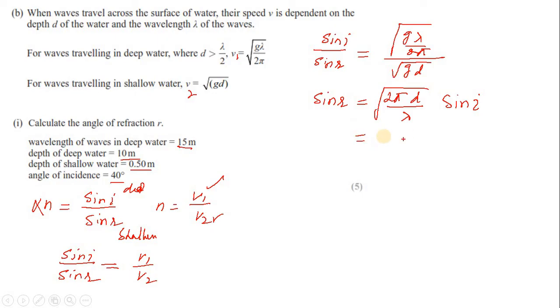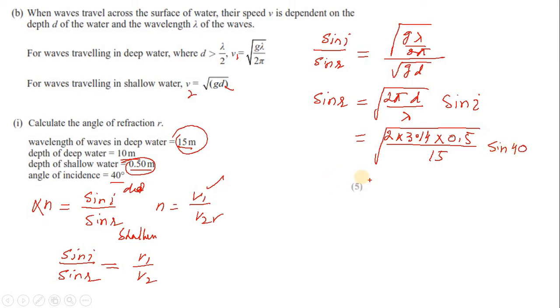So when you plug in all the numbers, 2 into 3.14, and d is the depth, and this d is all about the shallow water. So the shallow water depth is 0.5. Don't be confused with the depth of the deep water. Don't take 10, it is 0.5. So 0.5 divided by the wavelength, which is 15 meter, under root, into sine of 40.